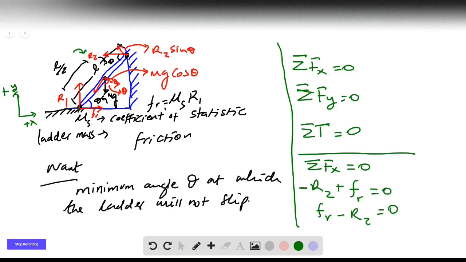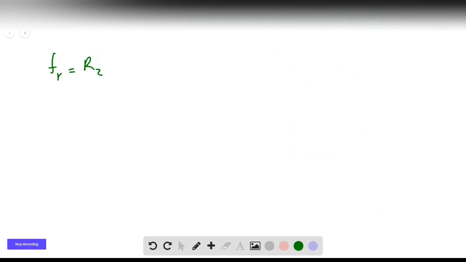We're going to flip onto the next page and see that our frictional force is equivalent to the reaction at the top. And for convenience, let's call the position of the initial reaction A and the position of the second reaction B. So we know that the frictional force is the coefficient of static friction times the initial reaction.